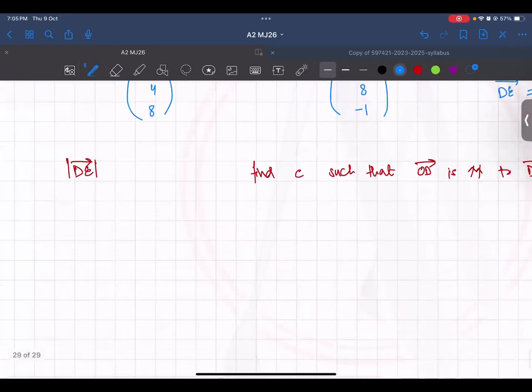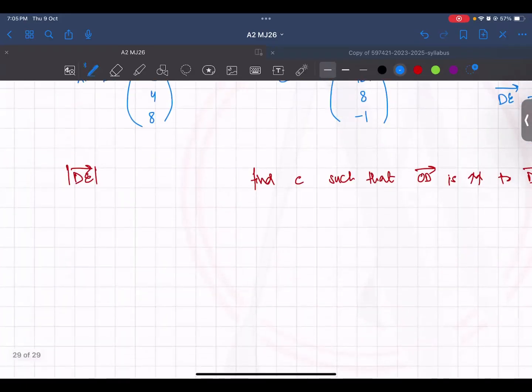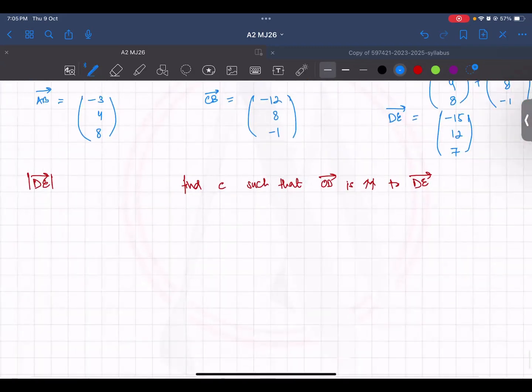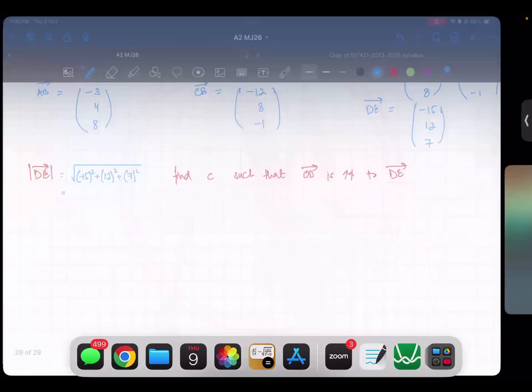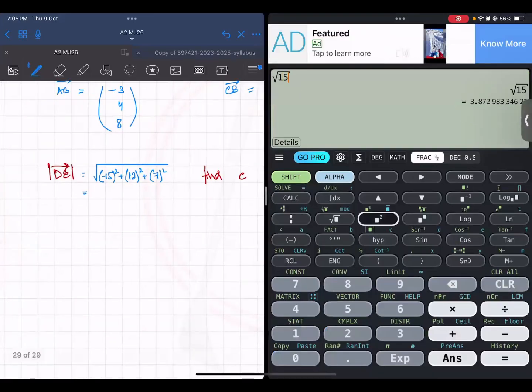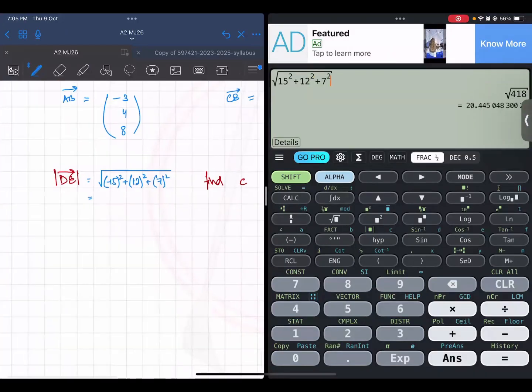Magnitude, I told you, is the square root of x squared plus y squared plus z squared. So this would be the square root of minus 15 squared plus 12 squared plus 7 squared. How much will that be? 20.4 units.